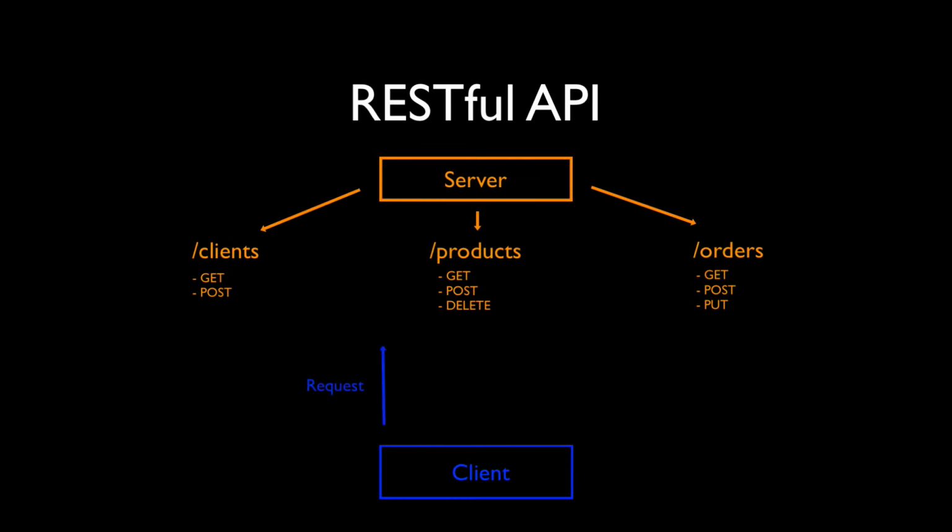And then from our client we can send a request. In case of a web application it may be an AJAX request. Then we receive a response with some data, which, if we are talking about a single-page web application, we use to re-render the page. This is the idea behind the RESTful API. We have a server with URLs, each supports different types of HTTP requests, but all we are doing is exchanging the data.